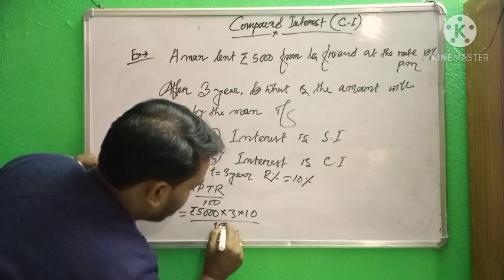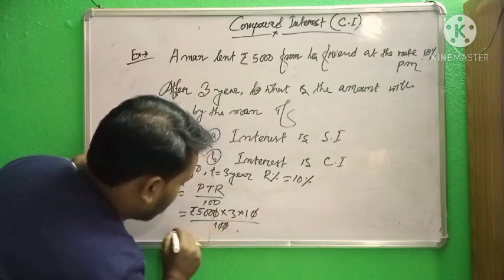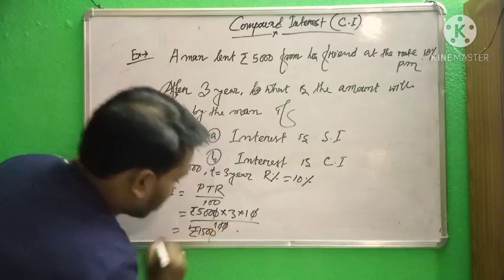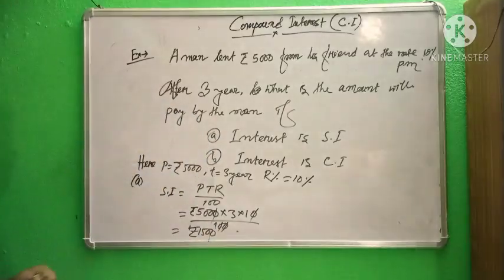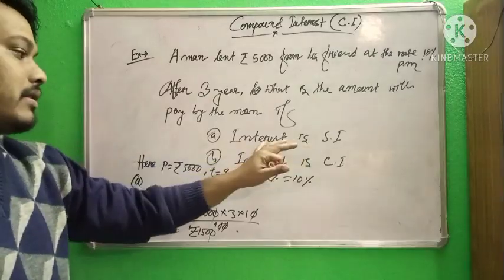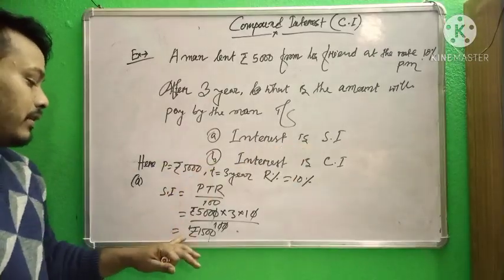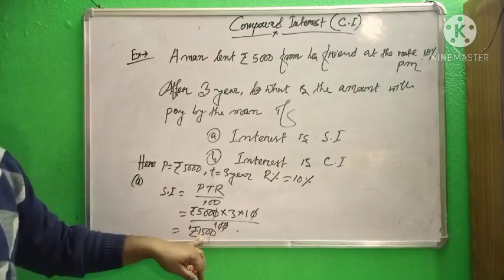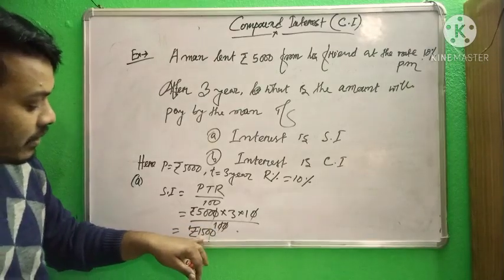So, cancelling the zeros, 3 times 5 is 15, so rupees 1,500. If the interest is simple interest, then the interest after 3 years is 1,500.